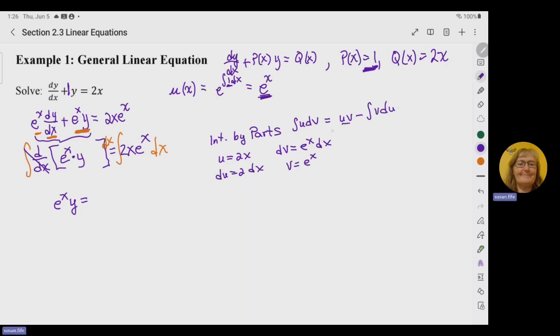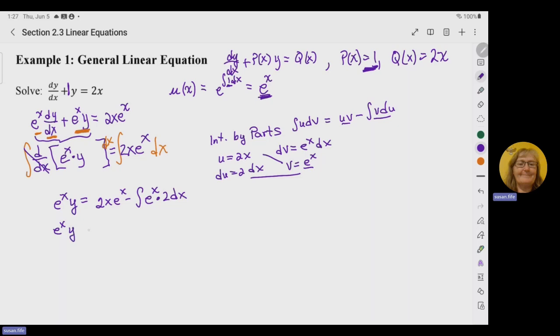So I get u times v, 2x e to the x, minus the integral v du, e to the x times 2 dx.